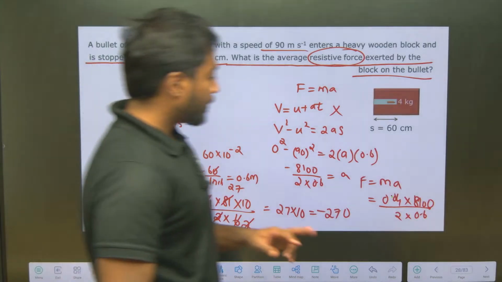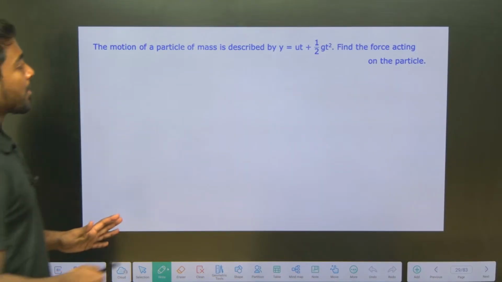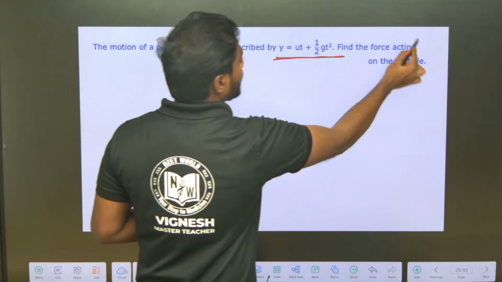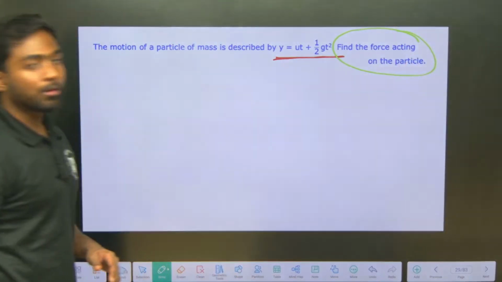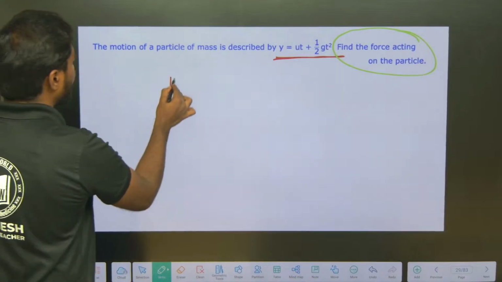So there is a homework question for you. The motion of a particle of a mass is described by y equals ut plus half gt square. Find the force acting on the particle. This is the homework question.